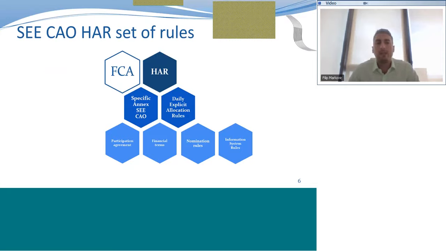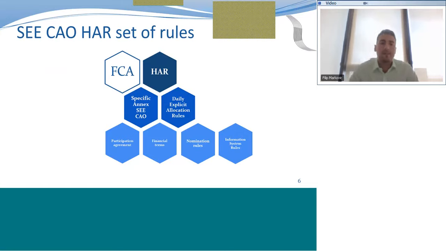On this slide, you can see a set of documents needed for implementation of harmonized allocation rules in SEE CAO. So besides the main body of the harmonized allocation rules, there are additional documents which are developed with the aim to reflect all the regional specifics.